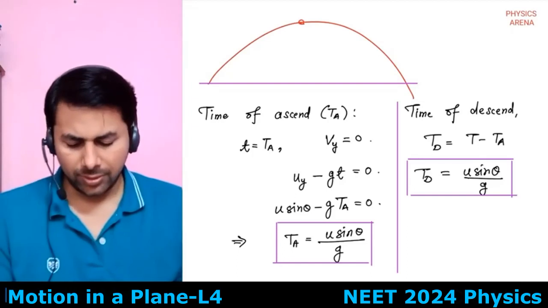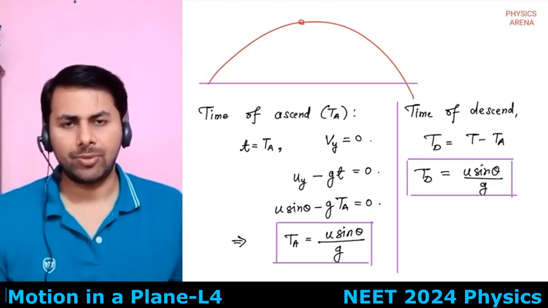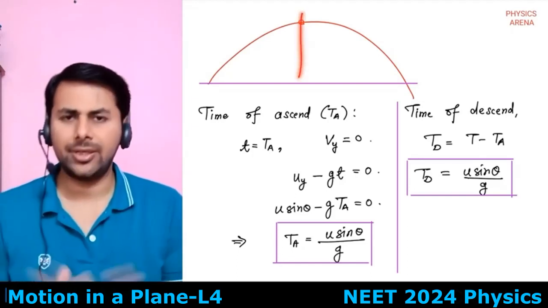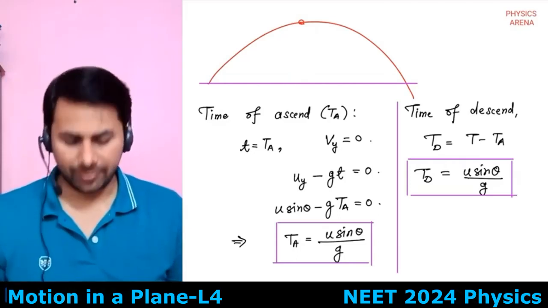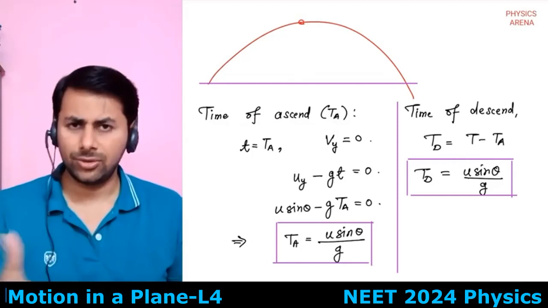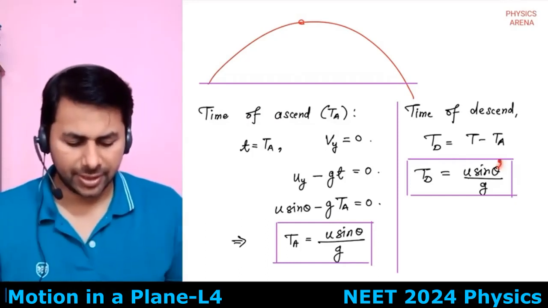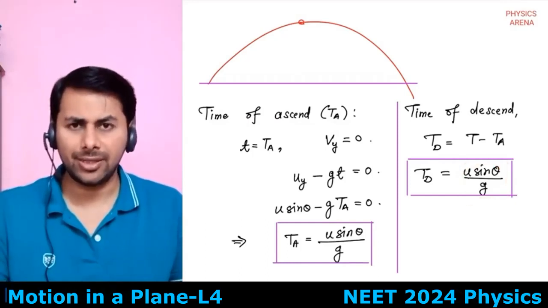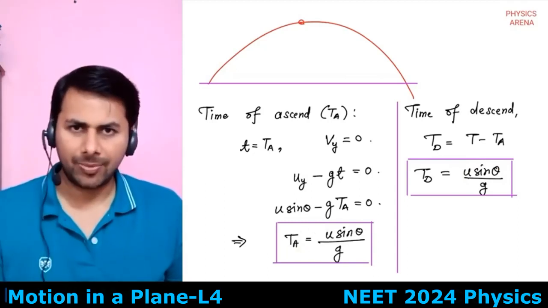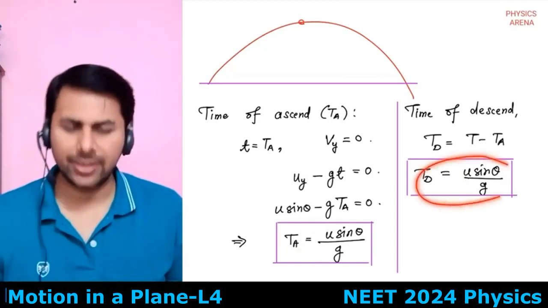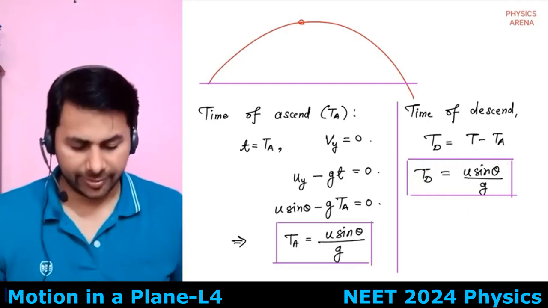You can see it from symmetry also. Both of them will be half of the time of flight. Time of ascent is u sine theta upon g. Time of descent is also u sine theta divided by g.